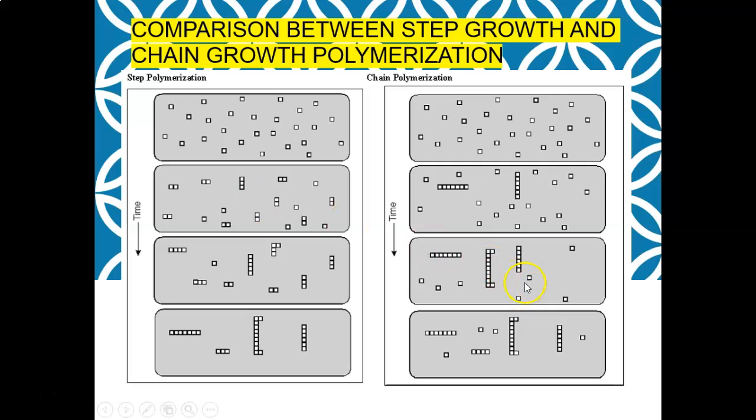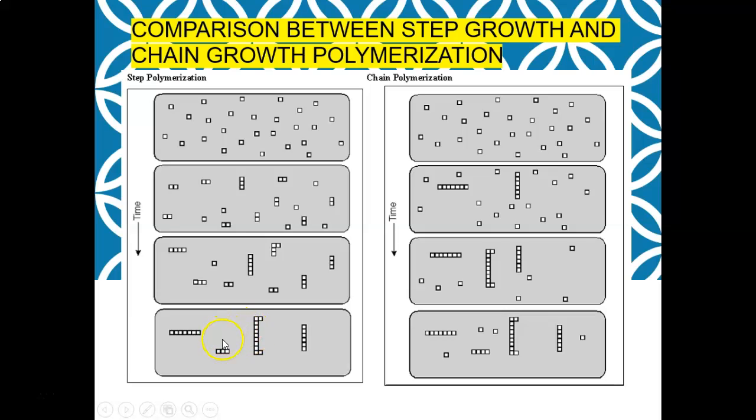And in the third image, you can see that in chain growth polymerization the reaction mixture contains only high polymer, monomer, and reactive species that actively react to form polymer. While here, the monomer concentration starts to decrease rapidly, and the reaction mixture contains a range of different size species.